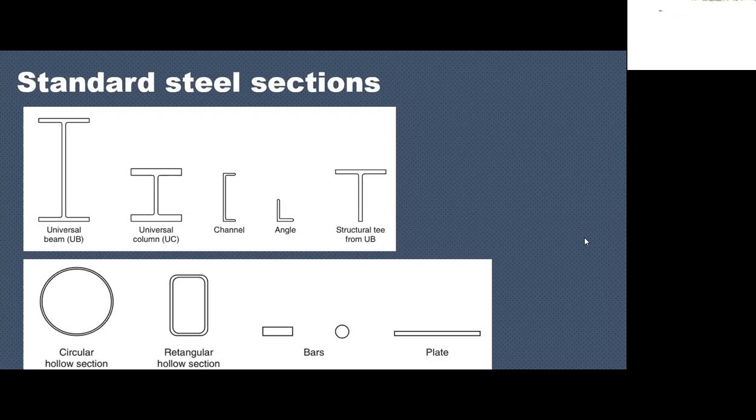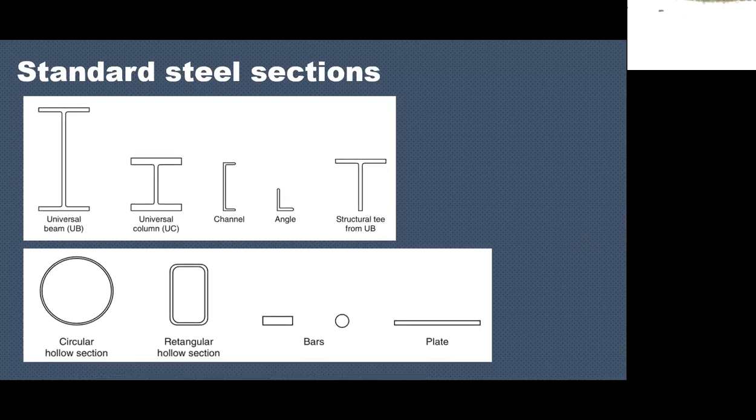Okay, so there are some standard steel sections used in construction. There is a section called universal beam. While doing the design, you will come across it being labeled as UKB. So UB and UKB are the same.